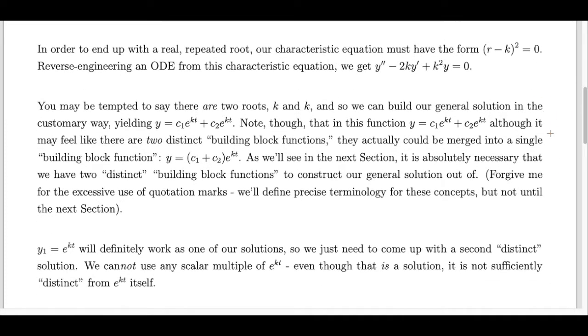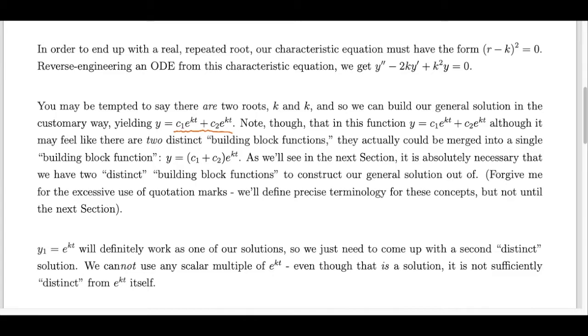As I indicate in this paragraph here, you might be tempted to simply say this type of quadratic does have two roots, k and k again. So we can simply construct our general solution in the customary way, build exponentials with k in the exponent. This is not feasible. You'll actually take a closer look at this in an upcoming written homework problem.